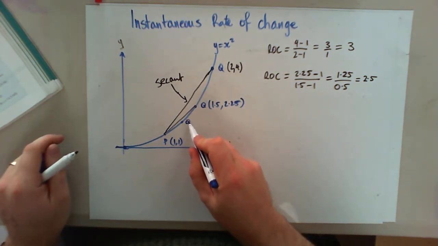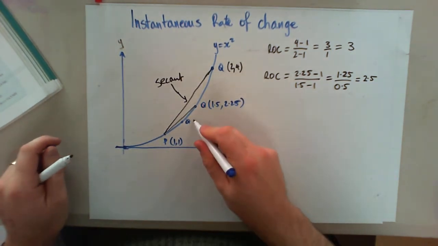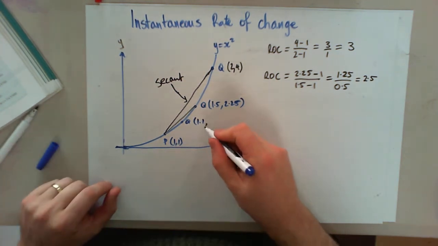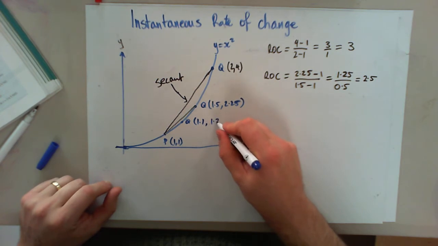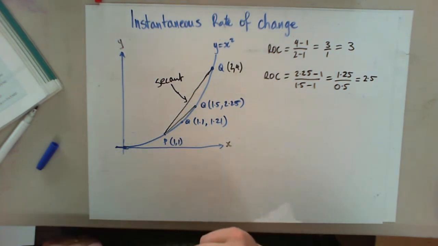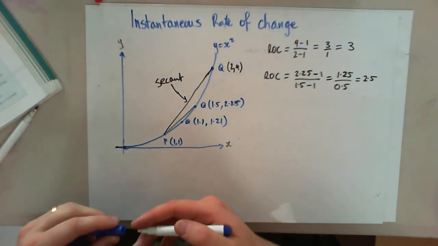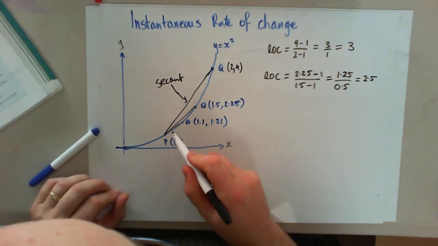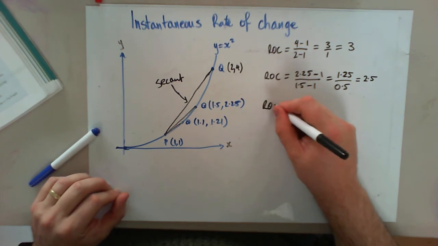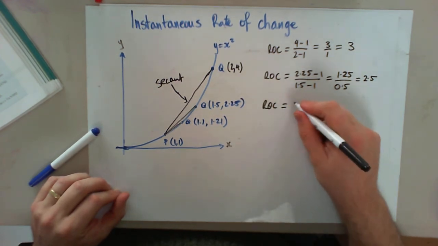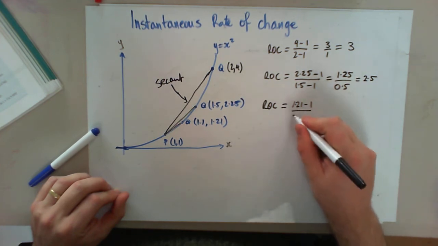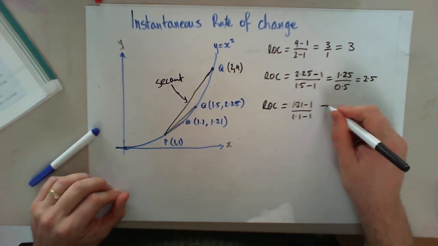If we move Q down here and make it this time 1.1, then y is going to be 1.21 when we square it. Then we can look at this line here and see our rate of change. It's going to be 1.21 minus 1 over 1.1 minus 1.